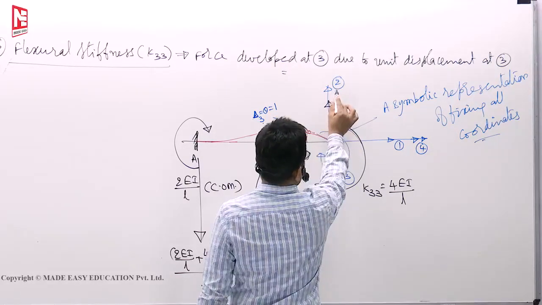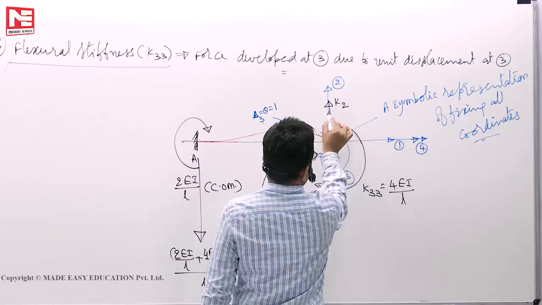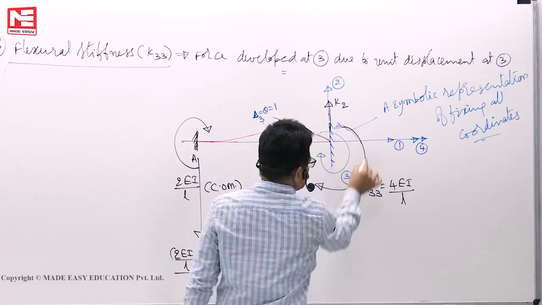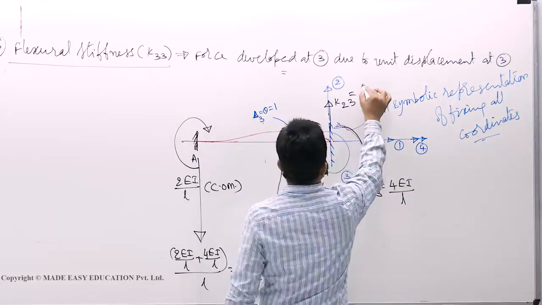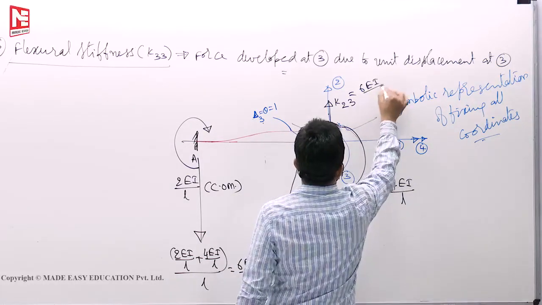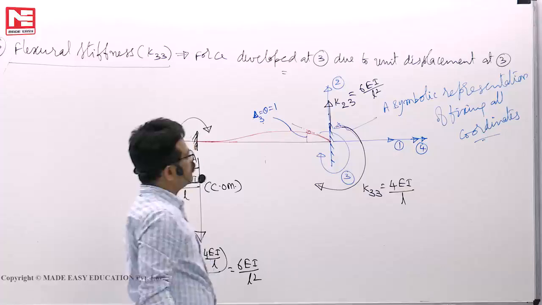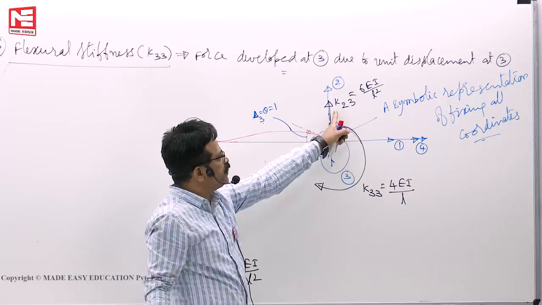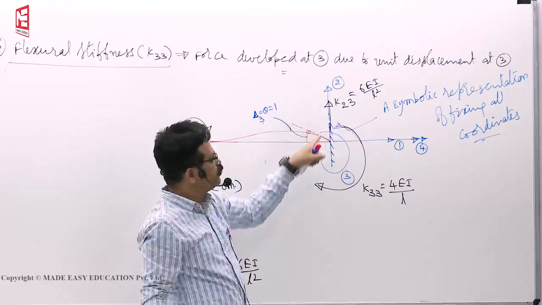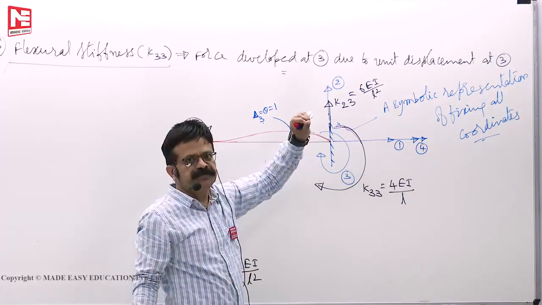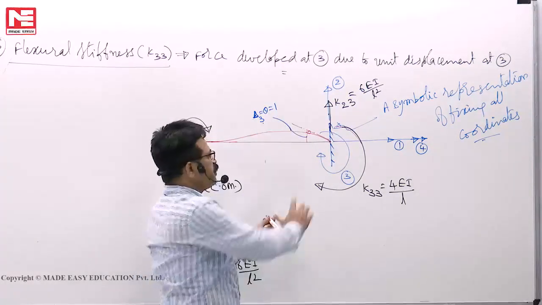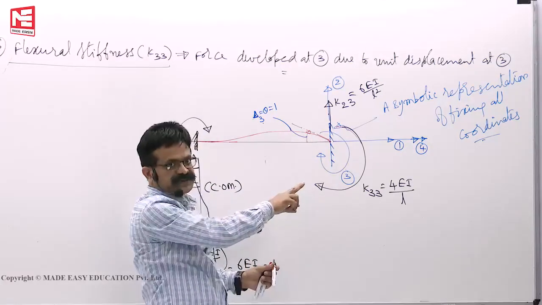This I can give a number. Force at coordinate 2 because of what? Displacement at 3, K23. How much force developed? 6EI by L square. This 6EI by L square is not because of the unit displacement at 2. Then it becomes 12EI by L cube. That is over.